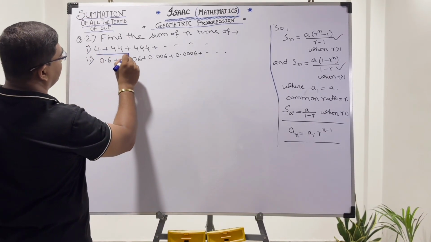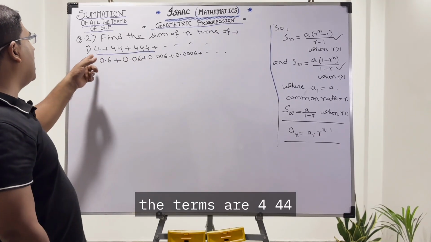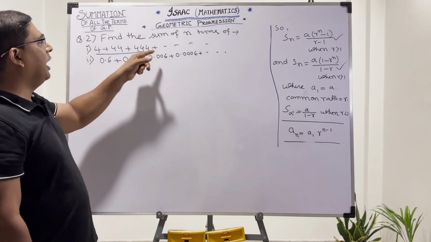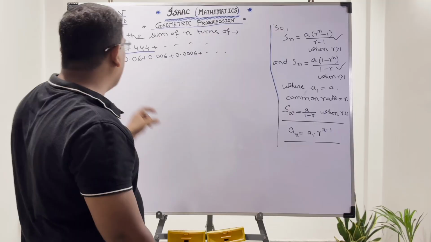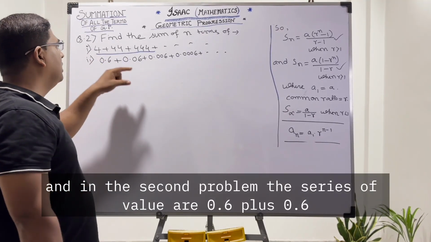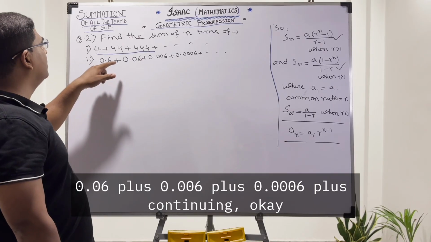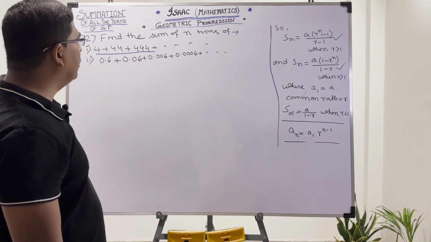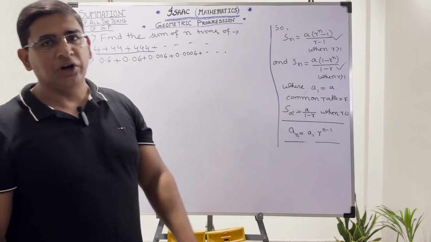different types. In the first problem, the terms are 4, 44, 444, and in this way the series continues. And in the second problem, the series of values are 0.6 plus 0.06 plus 0.006 plus 0.0006 plus continuing.